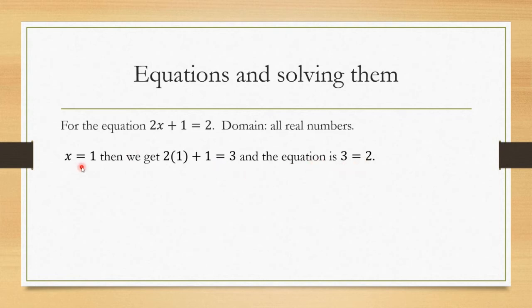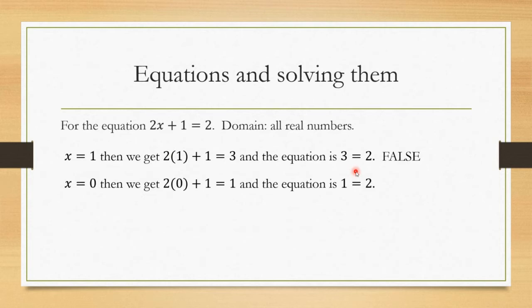If we replace x with 1, our equation becomes this. Is this a true statement? Well, no. Because this is not true, we get an equation that's false. So for this x, we get a false statement.